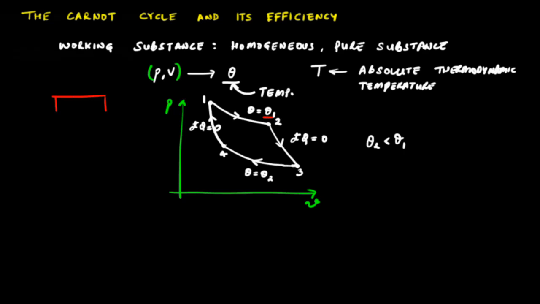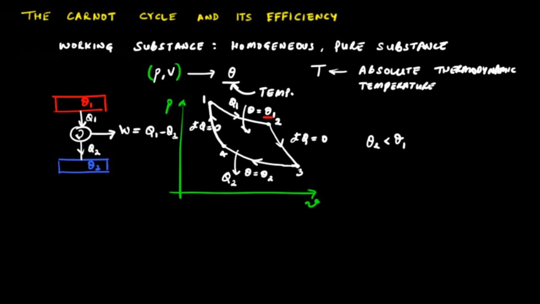So you have a high temperature reservoir at temperature theta 1 and a low temperature reservoir at temperature theta 2, and heat is taken from the high temperature reservoir during this process, which we'll call Q1, and we have a cyclic process, and heat is rejected during the process going from 3 to 4, and we'll call that heat Q2, and in the whole process, this heat engine that operates in a cycle delivers work which is equal to Q1 minus Q2.